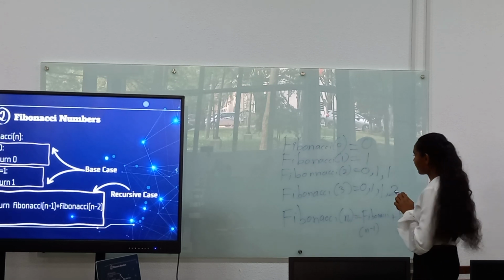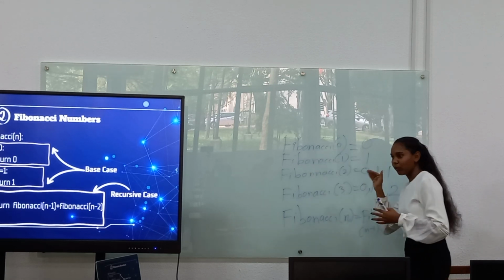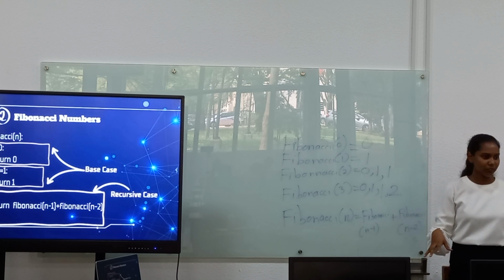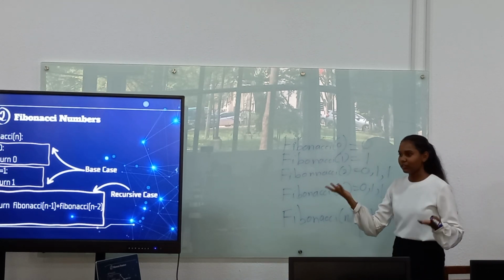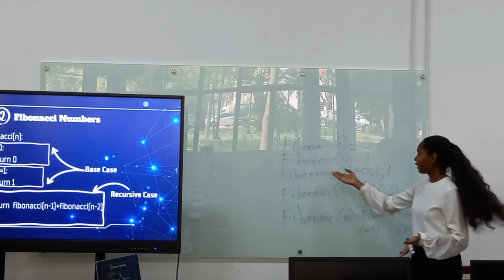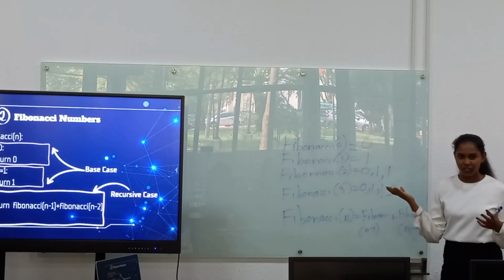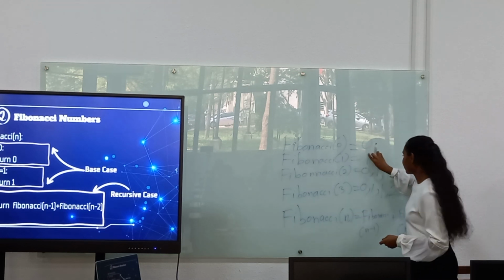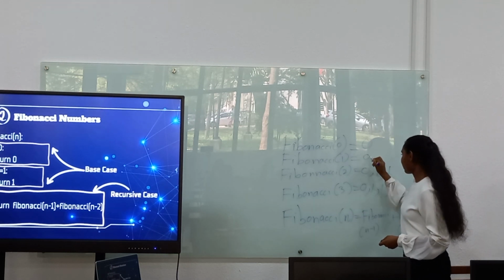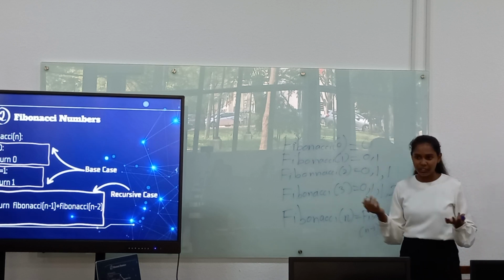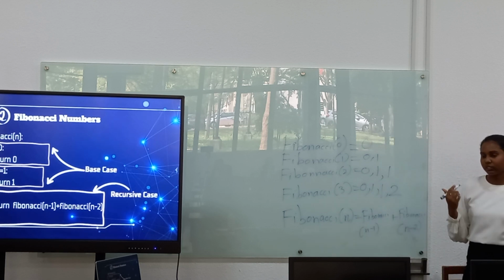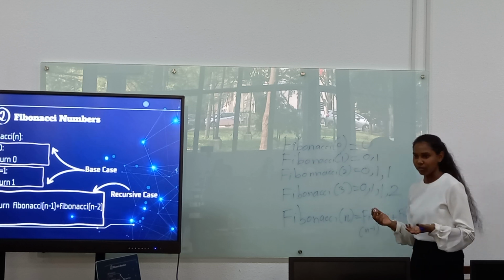Can we divide Fibonacci 0 into any other subproblem? No, because there are no two preceding values before 0. And can we divide Fibonacci 1? Fibonacci 1 has only one preceding value, which is 0.